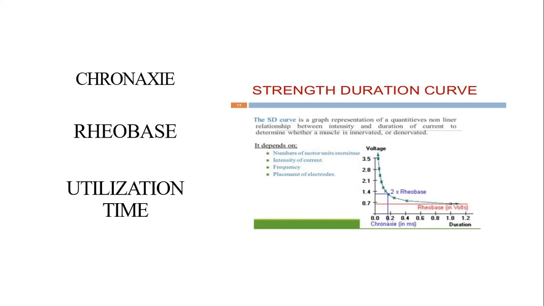So we have already said that it is possible to determine the minimal intensity of stimulating current, that is the threshold intensity, that acting for a given duration will just produce an action potential. The threshold intensity varies with the duration. With weak current, it is long. With strong stimulus, it is short. The relationship between strength and duration of threshold stimulus can be represented by the strength duration curve.